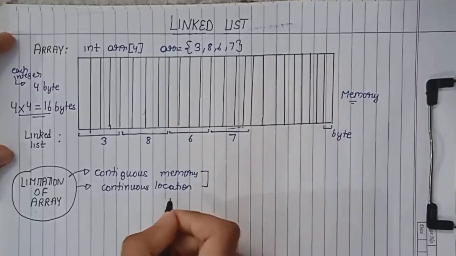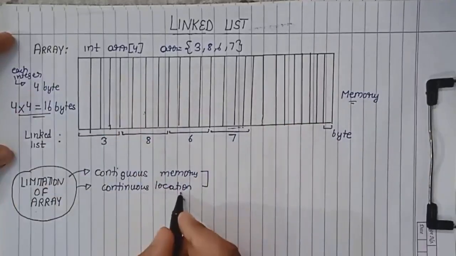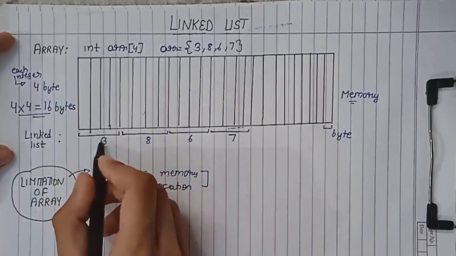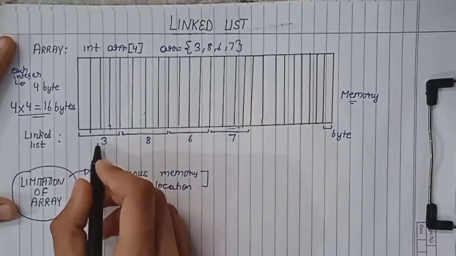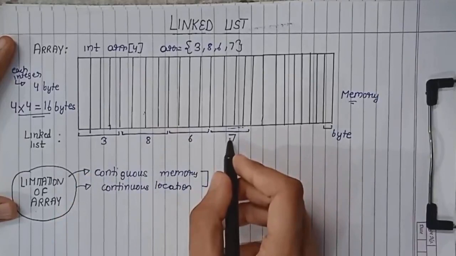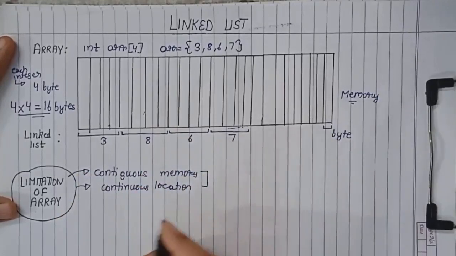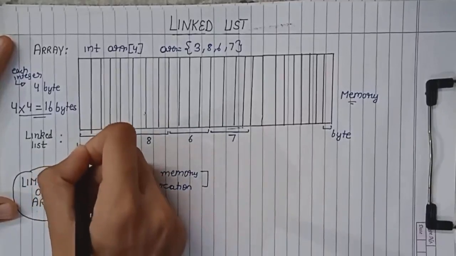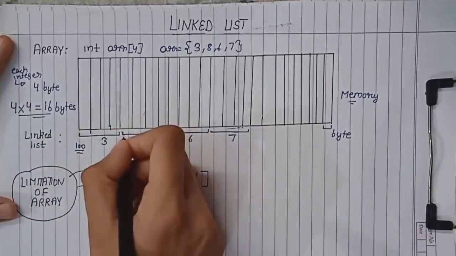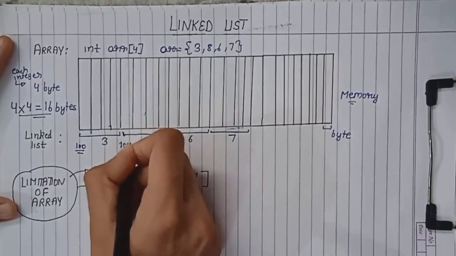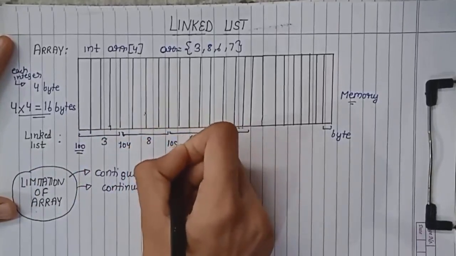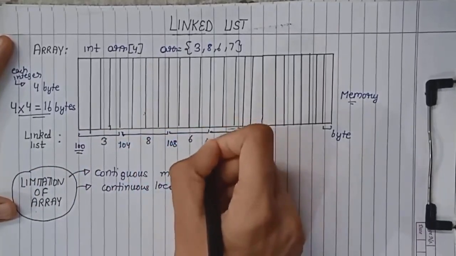So you can note that arrays have continuous memory locations, that is, all the data members of the array will be stored at consecutive memory locations. For example, if this is 100, then the next position will be 104, the next position will be 108, and this position will be 112.